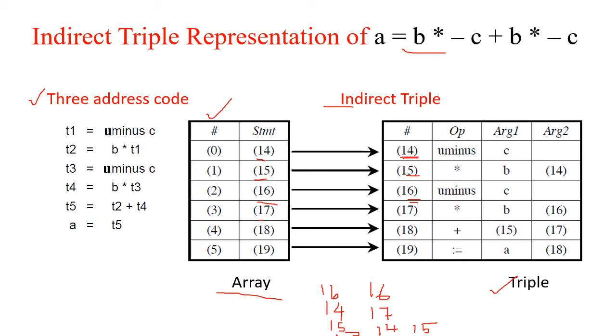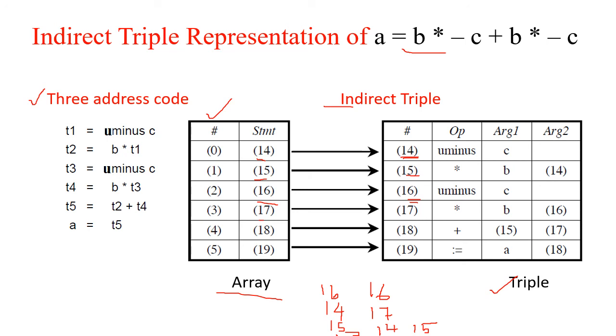In triple, we couldn't reorder instructions because successive expressions may require a previous sub-expression that is located by locations. If we reorder instructions, the location gets changed in triple.